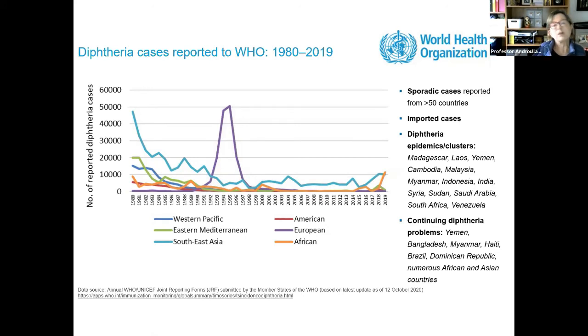So despite all the progress in preventing and treating the disease, diphtheria has not been eradicated, and it still flares up all over the world. And outbreaks tend to occur in places that have been destabilized by population migration, civil unrest, and so on. So places like Bangladesh, Yemen, Myanmar, and so on.